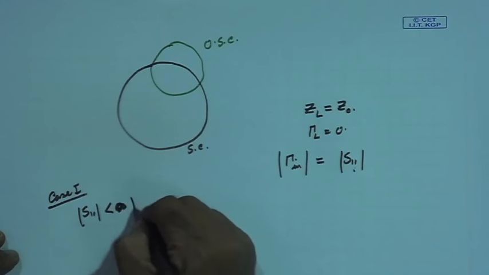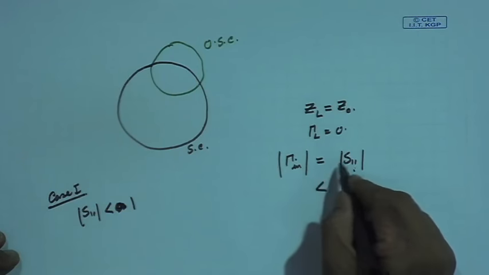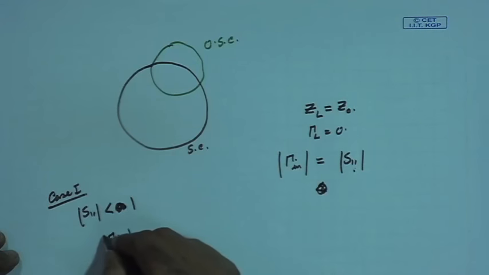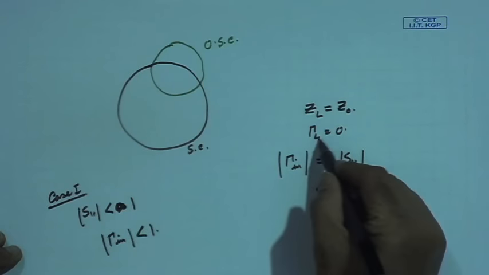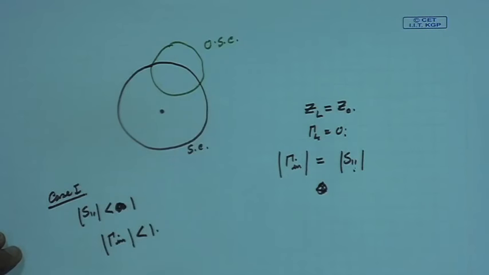Then gamma in in this case becomes less than 1, which was my condition for stability. Where does this point lie? Gamma L is equal to 0, so this point will always lie at the center of the Smith chart, and at this point gamma in is less than 1. So, this is a stable region.